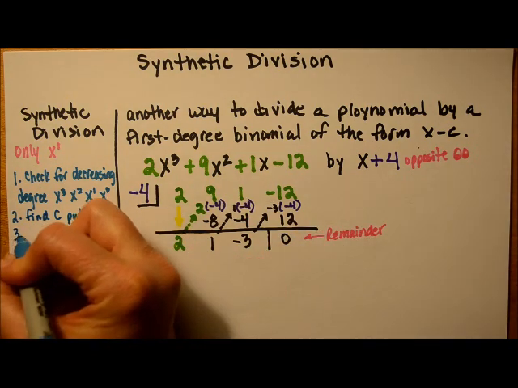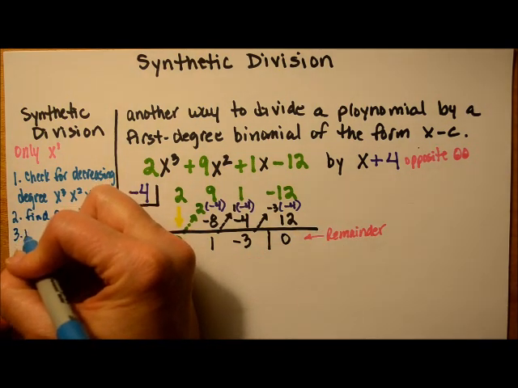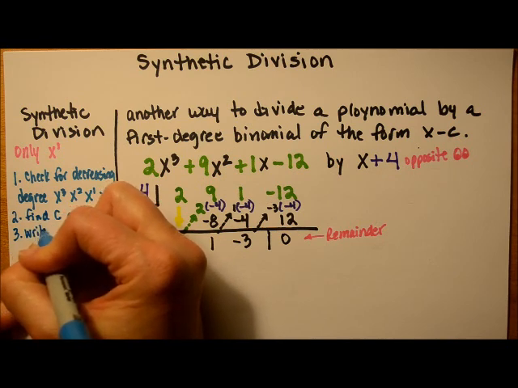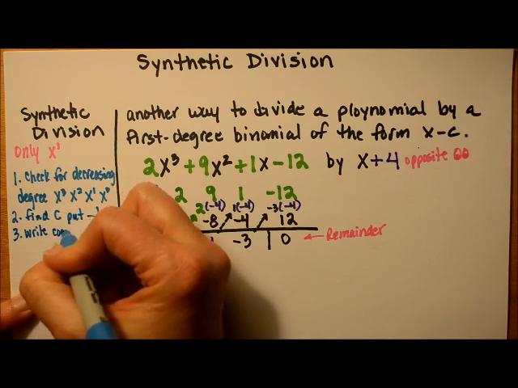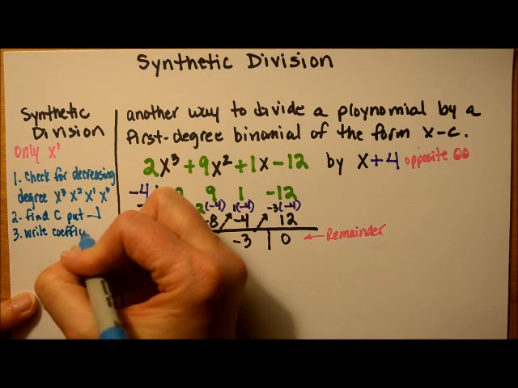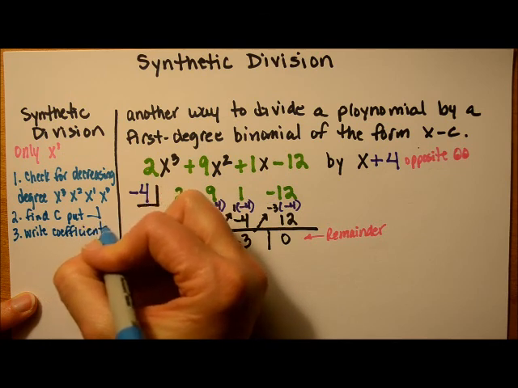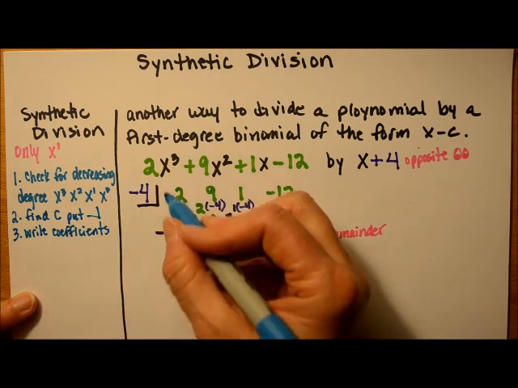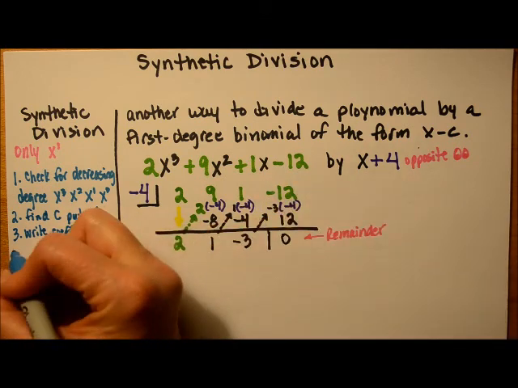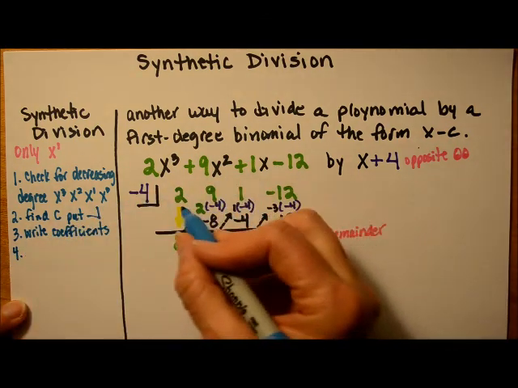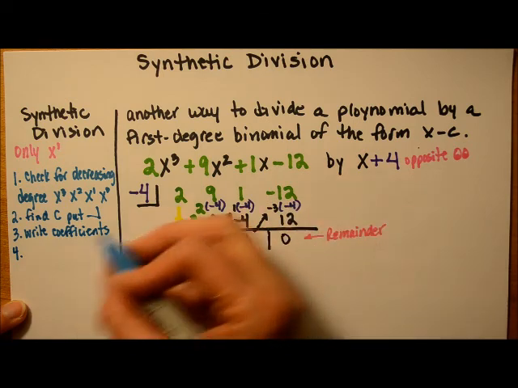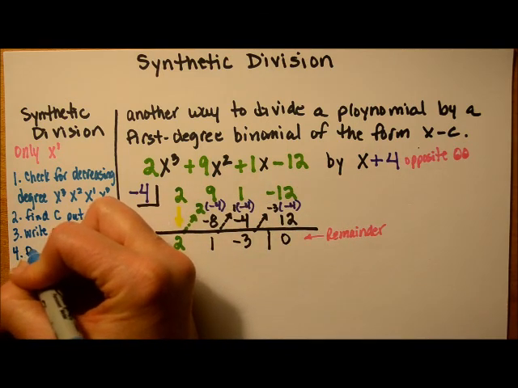The third thing we did was we wrote just the coefficients. Write the coefficients of the one that you're dividing. Then we did all that, so I have the purple and the green. Then you're going to bring your first number down.